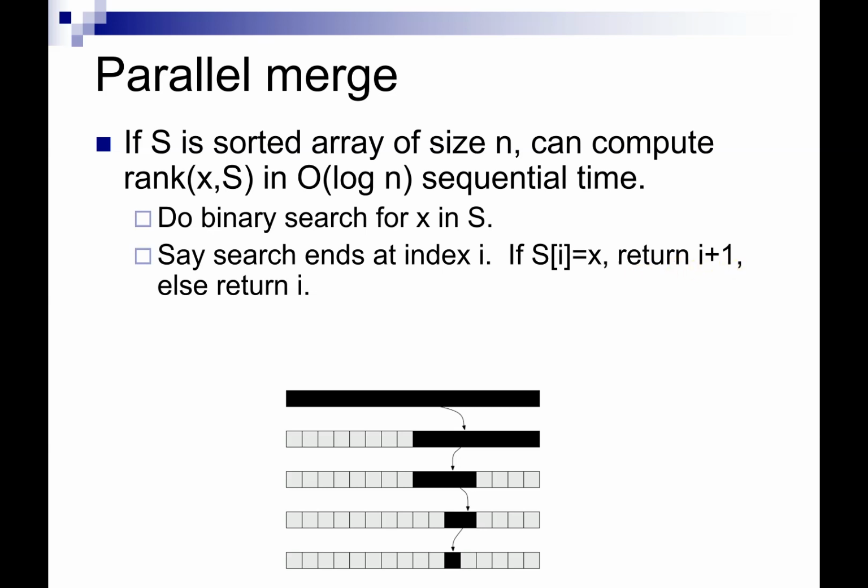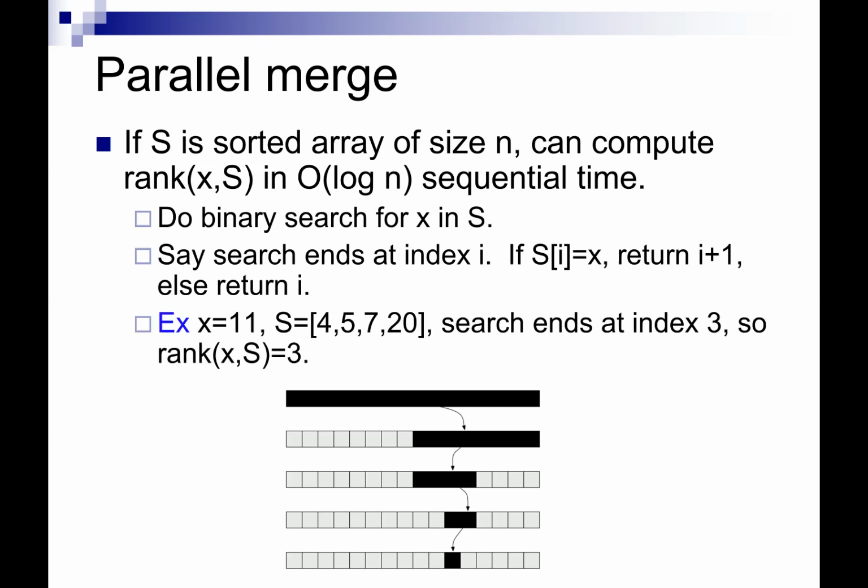Or if it's not equal to x, the rank is going to be equal to i. And this binary search with one processor is going to take you log n time. So therefore, we can compute the rank of any number in any set of size n in just log n time using one processor.